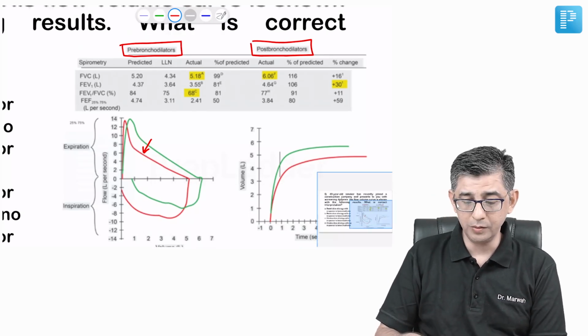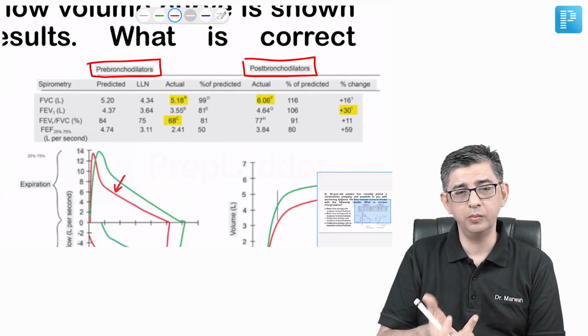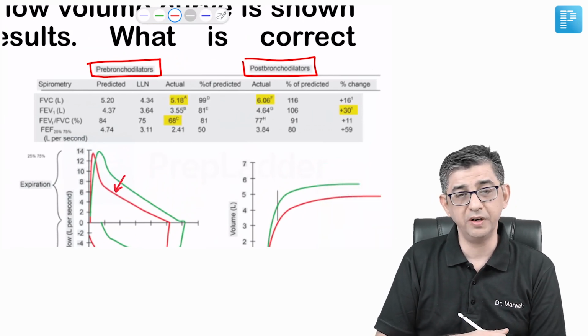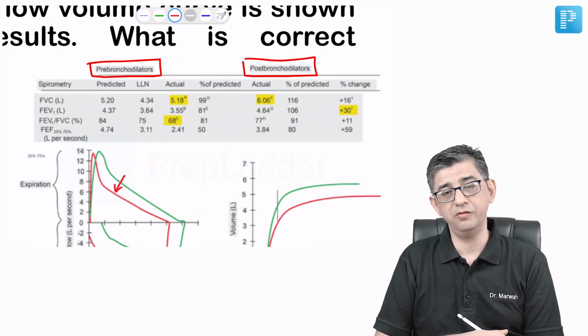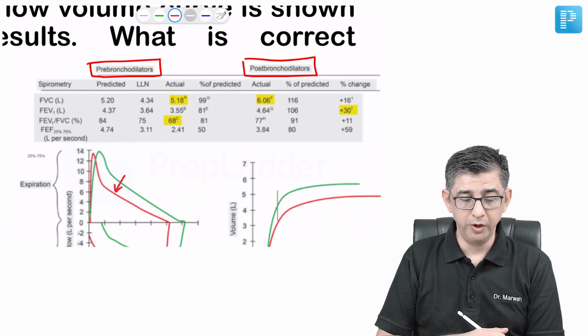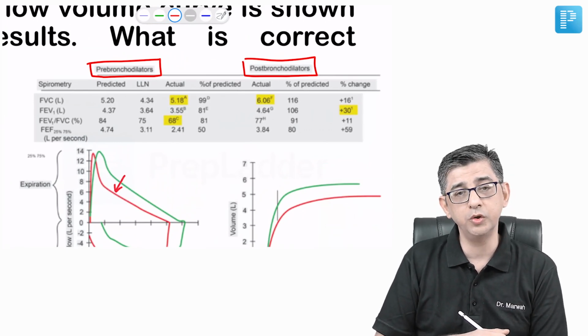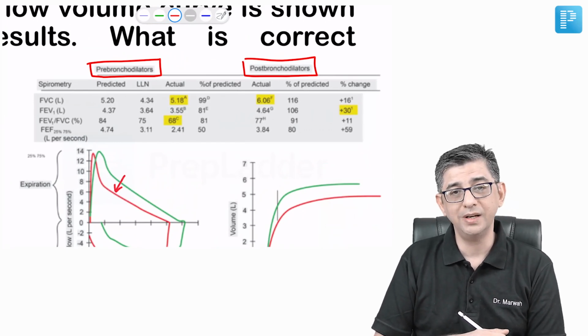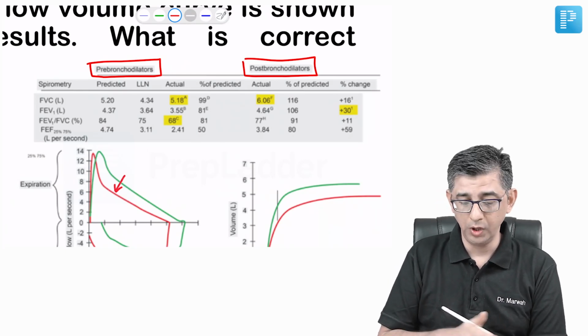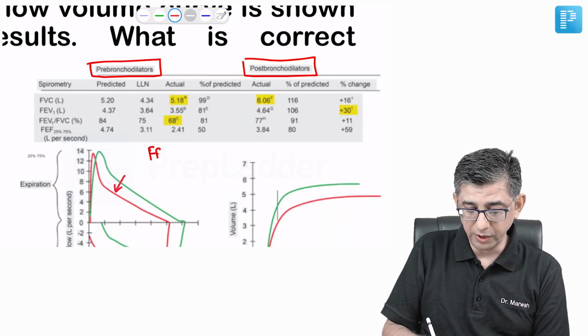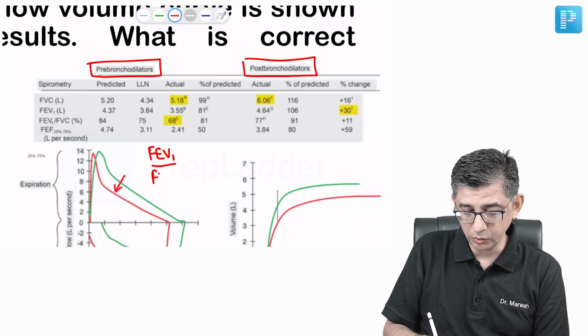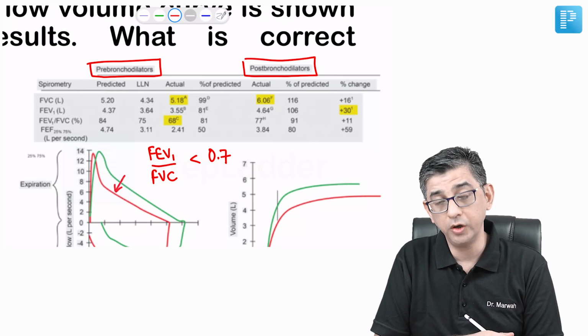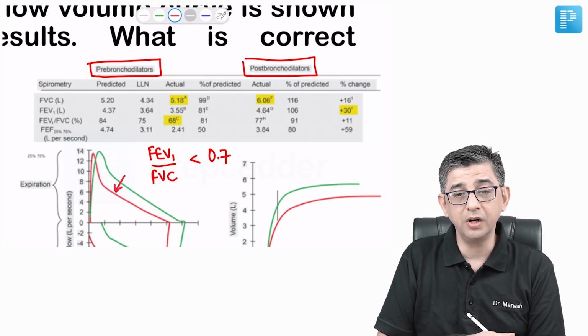Now, how do you read these mathematical values? The first and the foremost, there were values given of FVC, FEV1 and FEV1/FVC ratio. When you are given values like this, the first thing you should notice is the FEV1/FVC ratio, because every time you read a FEV1/FVC ratio less than 0.7, it's going to tell you that you are dealing with an obstructive pathology.